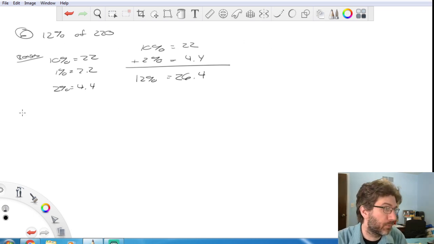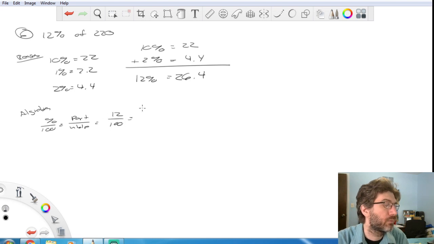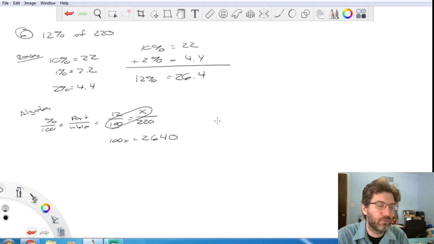You could set it up as a proportion, so you could use your algebra for it, which is percent over 100 equals part over whole. That's 12 over 100 equals x over, what is your whole, 220. 100 times x is 100x, 12 times 220 hopefully is giving you that.